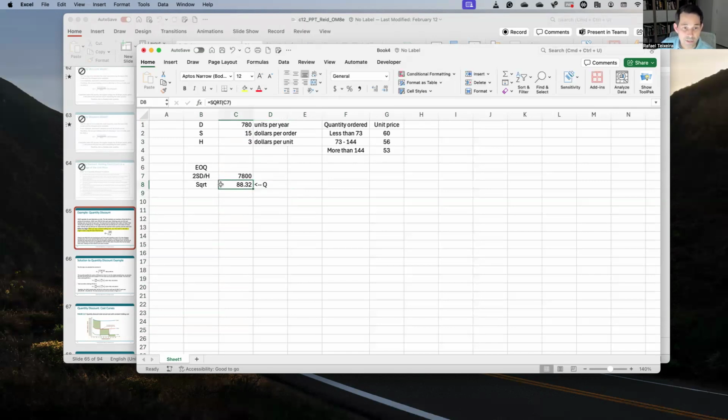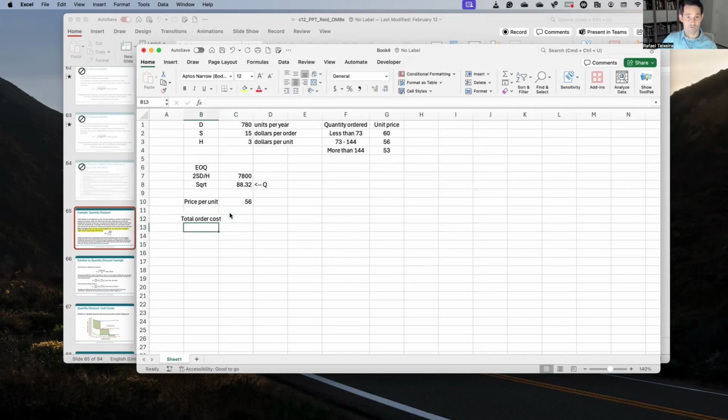So for this Q, if this is what we're going to order, how much are we going to pay? Well, we're going to pay $56 per unit. The price per unit paid is going to be $56. So the question here is, how much is my total annual cost if I purchase at $56? So let's do it. The total annual cost is going to be my total ordering cost.